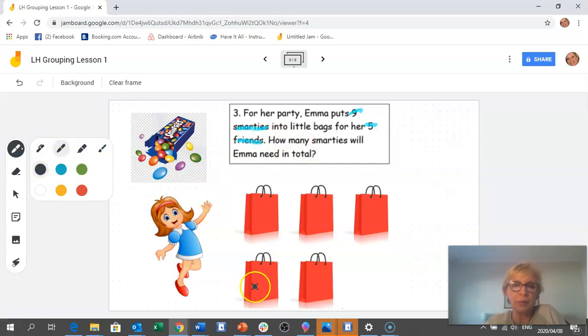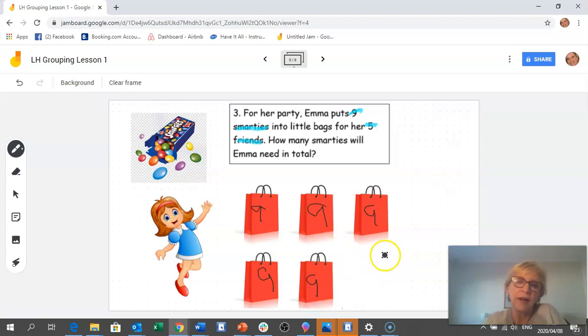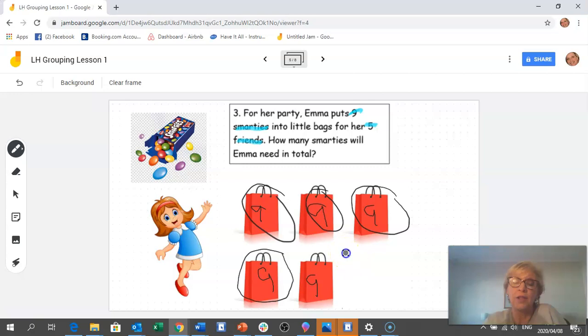So here we go. Let's help Emma. She's going to put 9 here, and 9 here, and 9 here. 9 Smarties in each little bag. And as you can see, that's all shared fairly or grouped fairly. And we can say that 9 plus 9 is 18, plus 9 is 27, plus 9 is 36, plus 9 is 45.